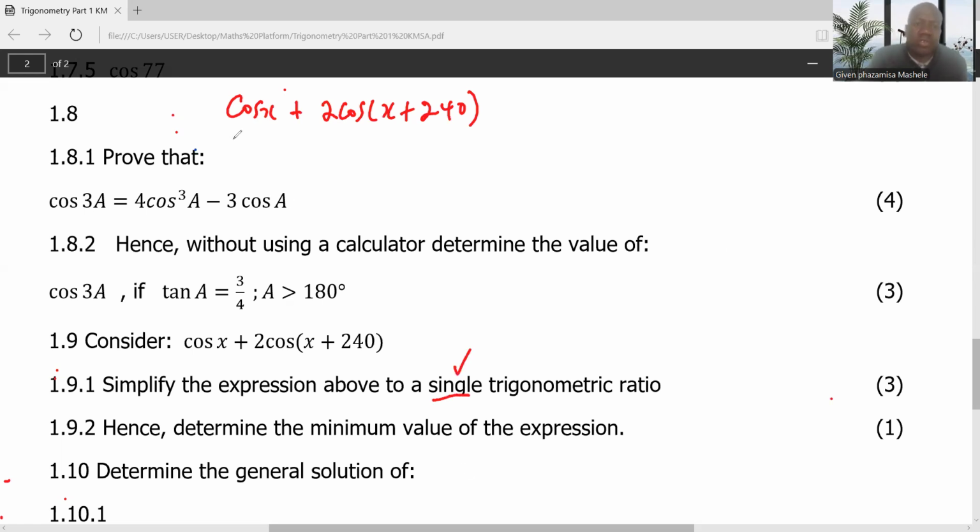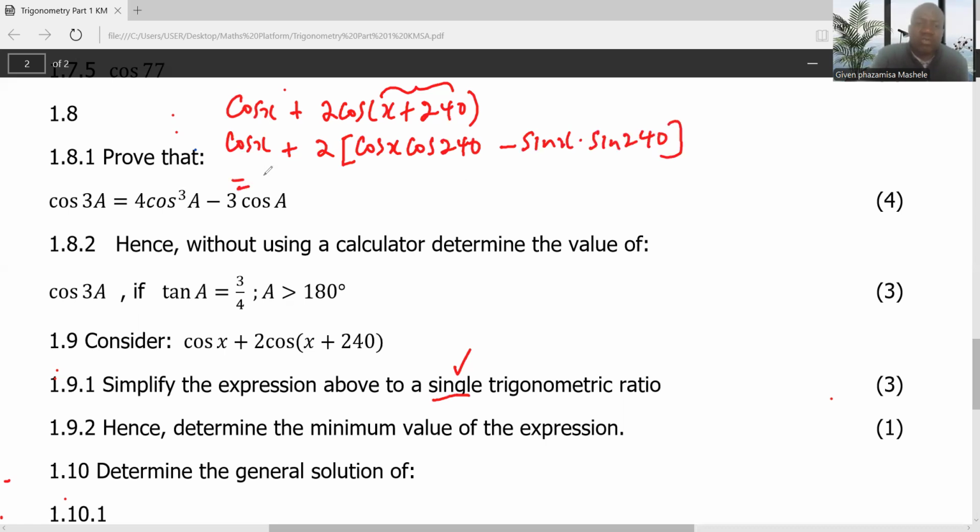So it means you're going to say, okay, cos(x + 240). Remember, this is a compound angle because it's two angles being added. The compound angle for cos becomes cos cos, sin sin. So it's cos x cos 240 minus sin x sin 240.